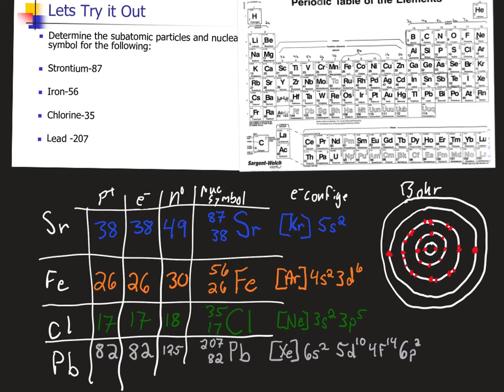But it's also going to have 8 in the 4th ring, because that's what krypton would have. But then in the 5th ring, it will also only have 2.